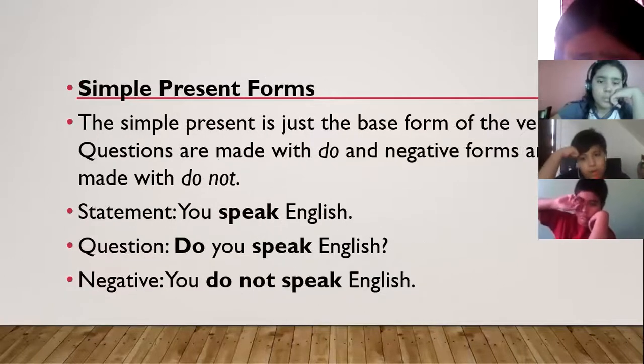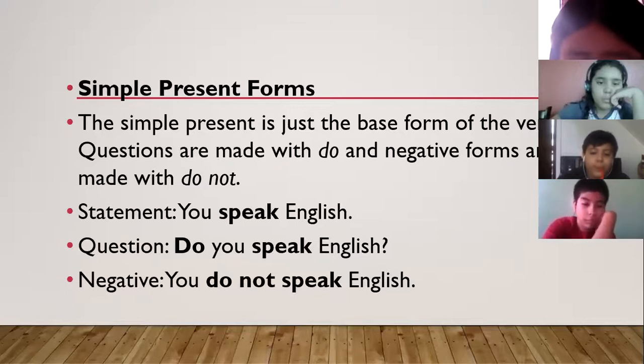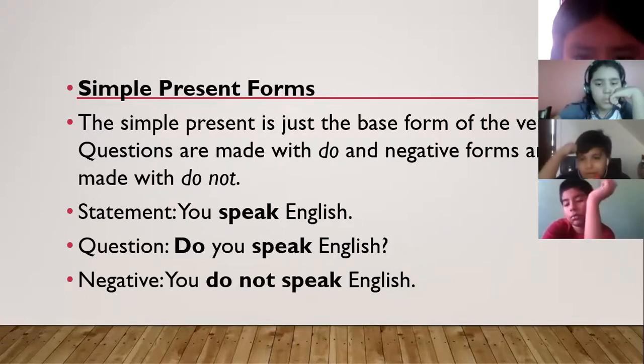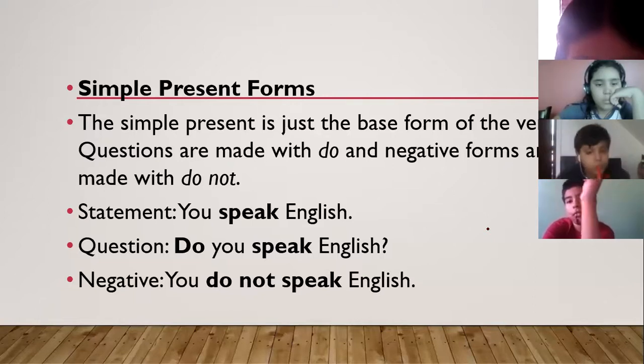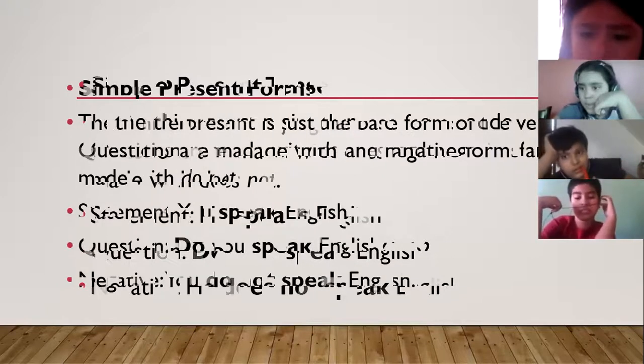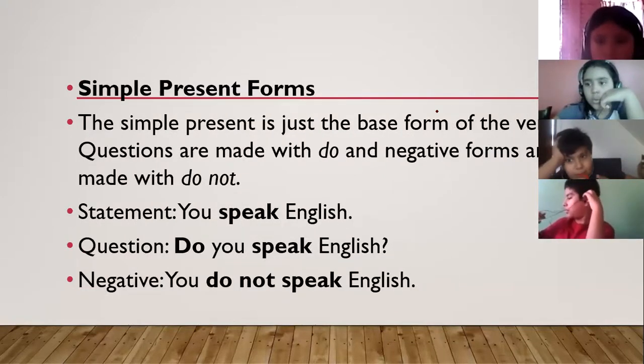Because when you are asking a question, you know that you have to use do. Or in the case of third person singular, you have to use does. And in negative, you may say don't and doesn't, right? Let's continue then.